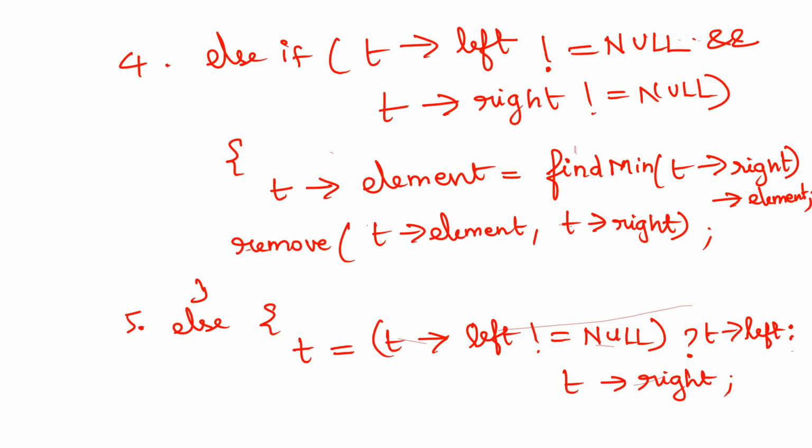Condition 4: when both the left and the right subtree are not equal to null, that is, it is having children, I need to identify the minimum element of the right subtree and replace it in the place of x. So that is what is given here. Otherwise, for the traversing purpose, if it is not null, I have to move on to left or else to the right. So these are the conditions.